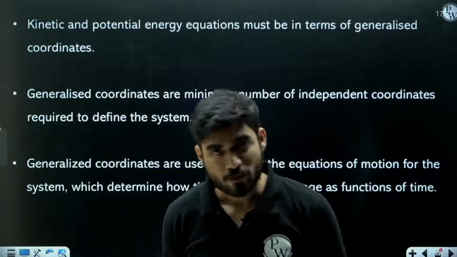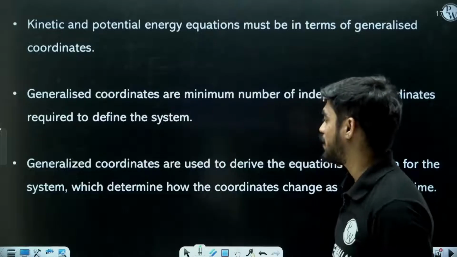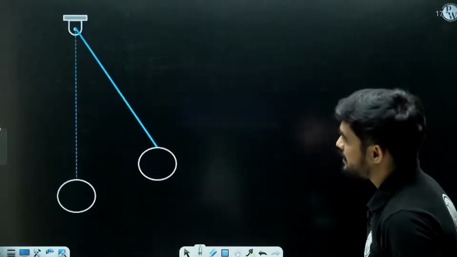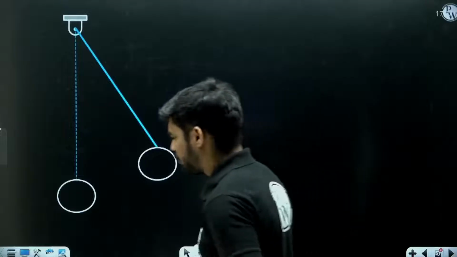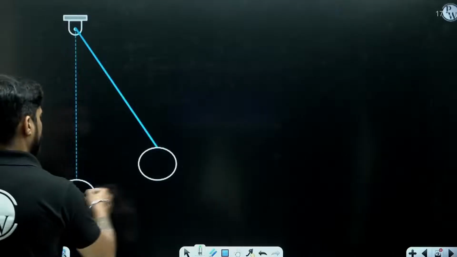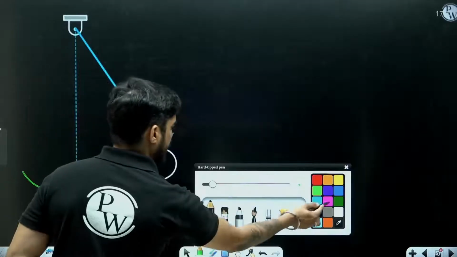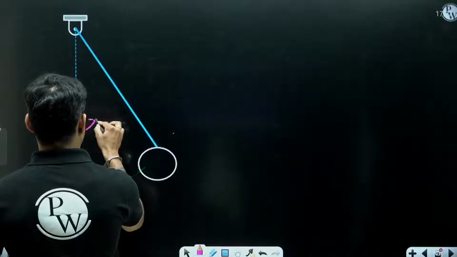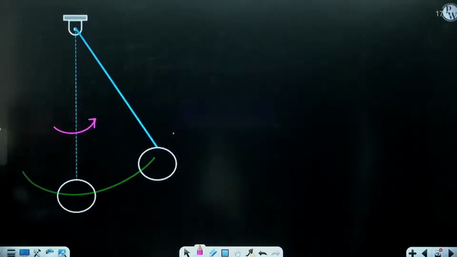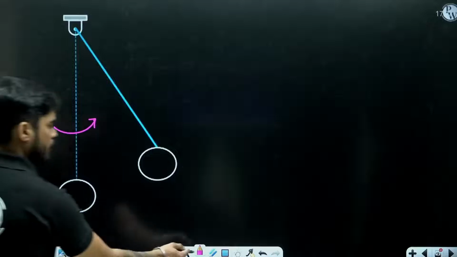If you are confused about minimum number of independent coordinates, let's take an example. Let's say we have a pendulum. Okay, this pendulum is swinging like this. Now when I am calculating the kinetic energy of the pendulum, ignore the mass of the rod.